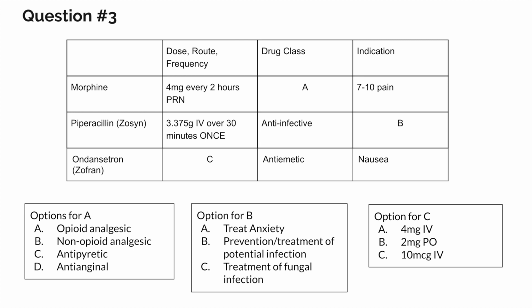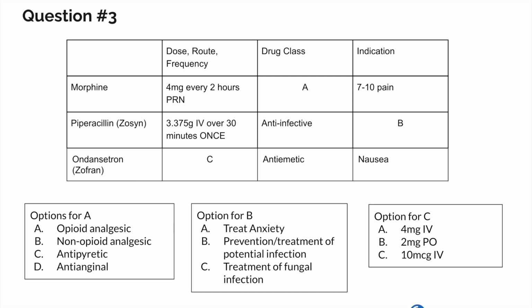So we have morphine here. The dose is 4 milligrams every 2 hours PRN. Using the options for A, select which option you believe for the drug class, and then indication is 7 out of 10 pain. We have Zosyn, 3.375 grams, IV over 30 minutes once. It's an anti-infective, and then you'll select the indication.